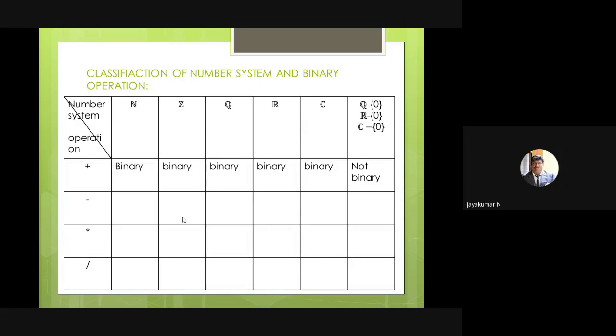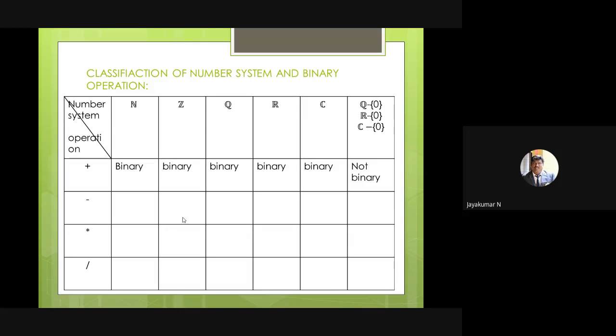What about Q minus 0 and R minus 0? 0 is not a member. So using members of Q, try to find 0. Apply the operation. How do you get 0? 1 and minus 1 are members of Q, then minus 1 plus 1 is 0, which does not belong to Q minus 0, so obviously it's not binary.